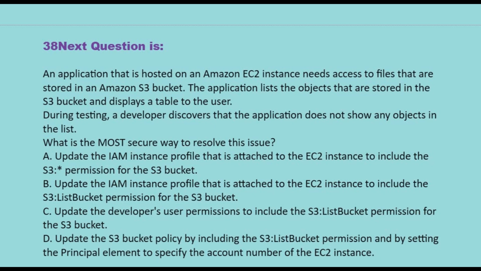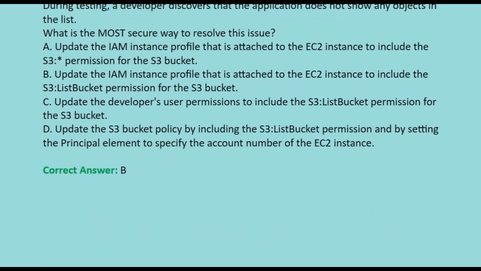Option C. Update the developer's user permission to include the S3 ListBucket permission for the S3 bucket. Option D. Update the S3 bucket policy by including the S3 ListBucket permission by setting the principal element to specify the account number of the EC2 instance. Correct answer is option B.